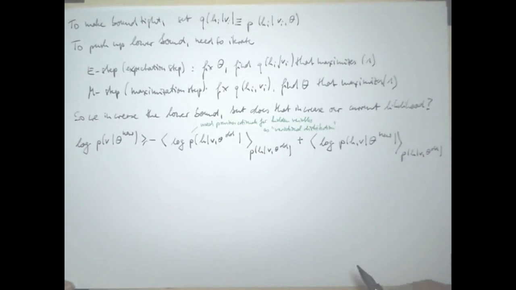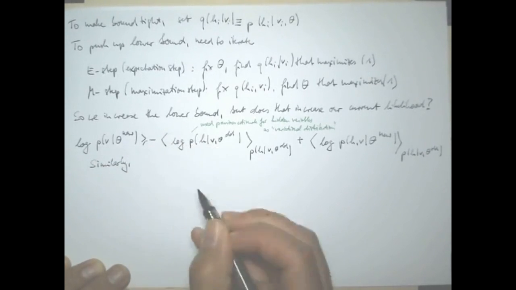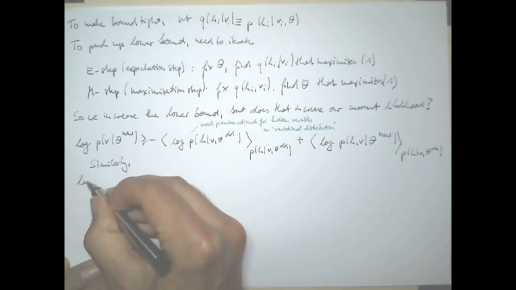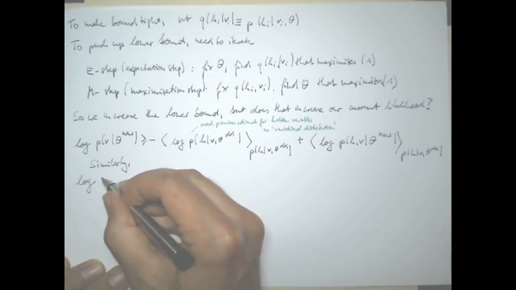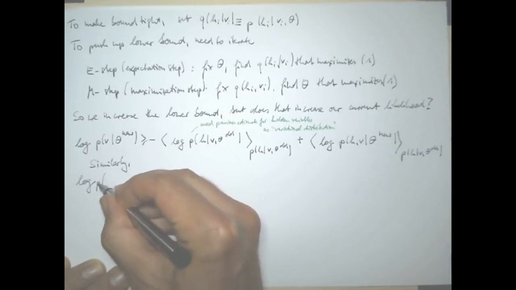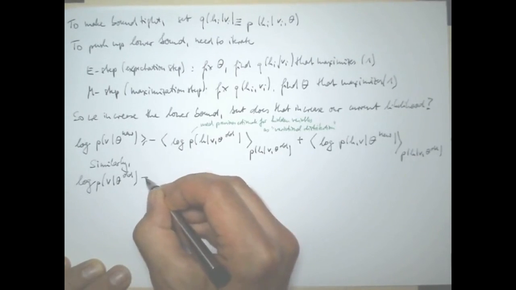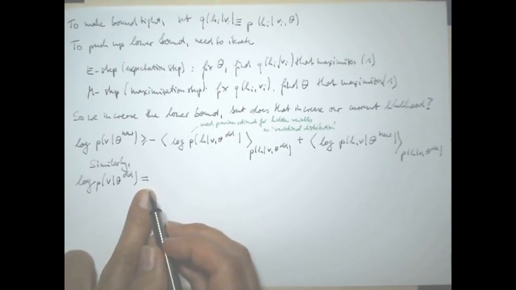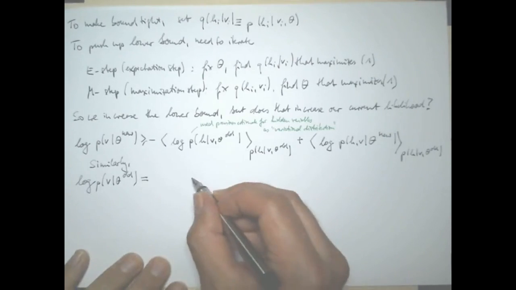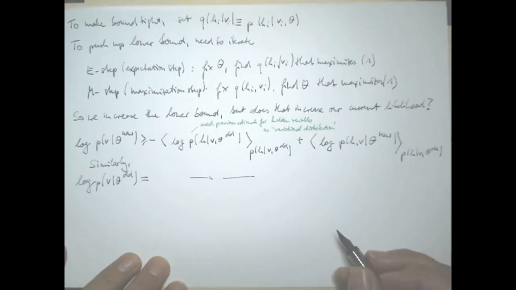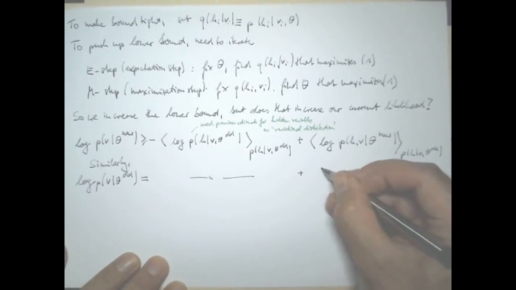And well, we can similarly write a bound for the old parameters, or for the old marginal likelihood. And that is now not an inequality, but a strict equality. And the first term is the same. And the second term is almost the same, except I have an old there. So spot the difference.